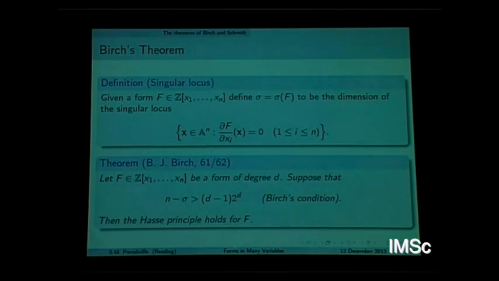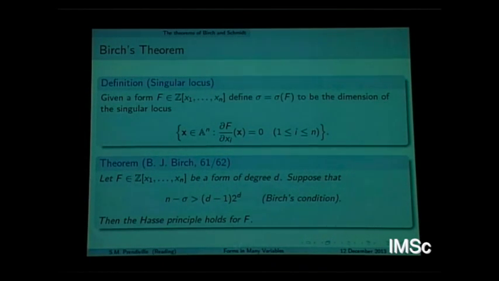So here's Birch's theorem. You take a form f of degree d, and you suppose that the difference between the number of variables n and the dimension of the singular locus sigma is strictly greater than some function of d. Here it's (d minus 1) times 2 to the power d.